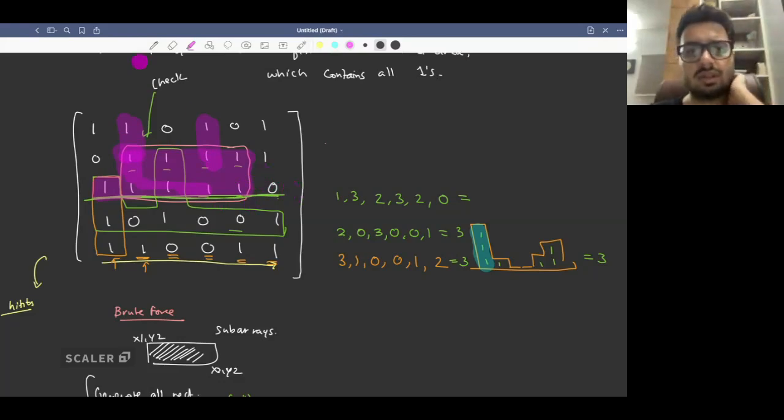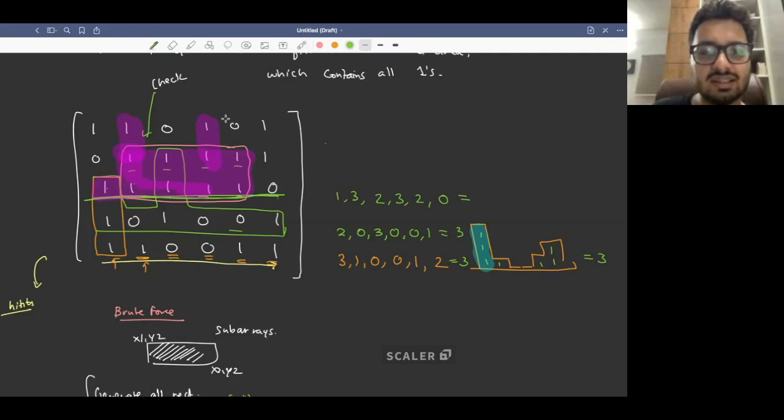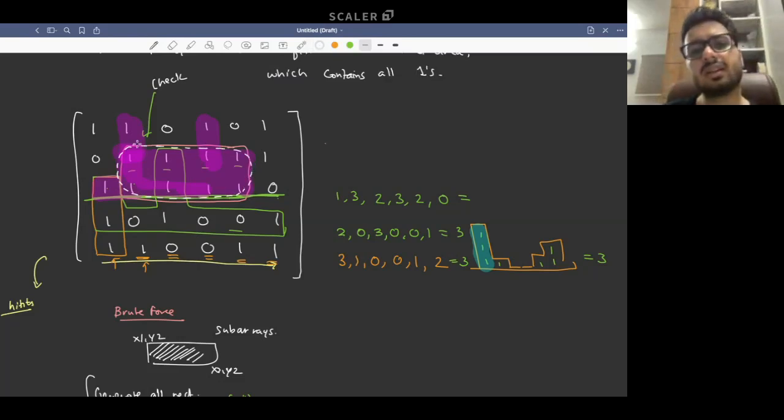So the histogram looks like 1, 3, 2, 3, 2, 0. What is the largest rectangle that we can get in this? Of course, the largest rectangle here is 8, this white dotted rectangle. Do you see the histogram problem is helping us find the largest rectangle? So this is going to be 8.